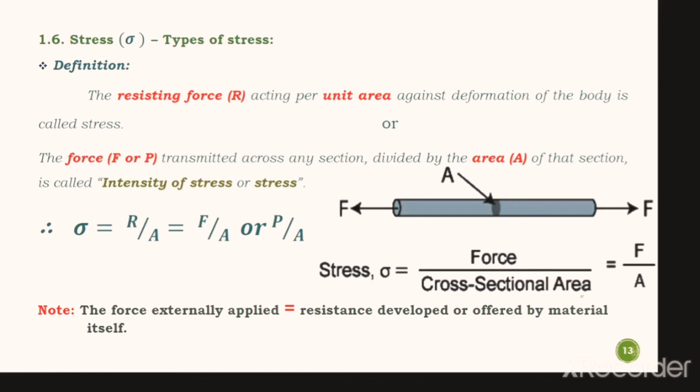Okay, if you hit a wall with 10 kilonewton, that wall is also going to apply 10 kilonewton of reaction onto your hand. Okay, so reaction is represented by R, force is represented by capital F. So what do you mean by this stress? Stress is nothing but the resisting force.